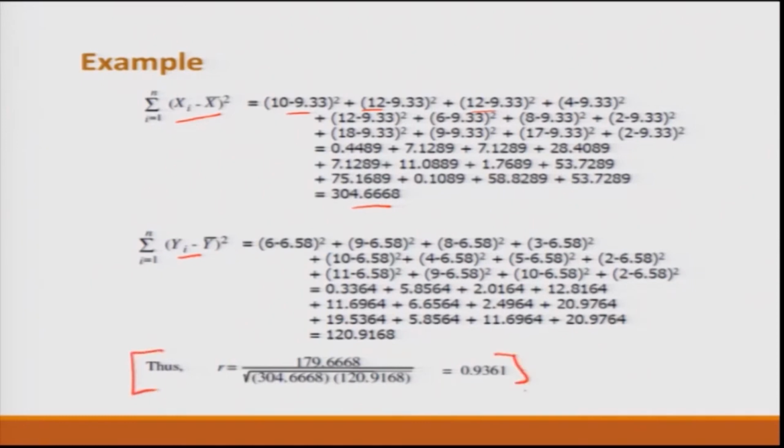These calculations are taken from the book Marketing Research by N.K. Malhotra. You can refer to the book for more details. So, this is very simple correlation. What is the value? The value is coming 0.93, which means the correlation is very strong.